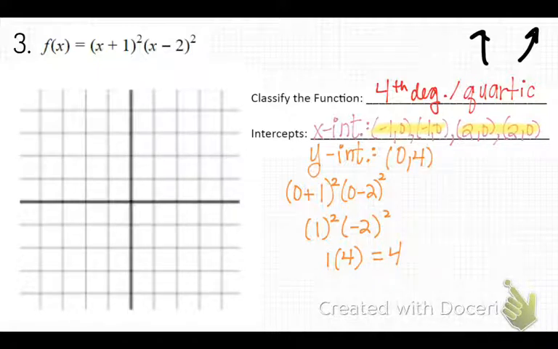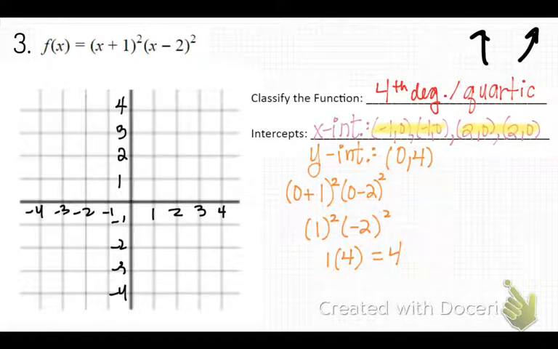Okay, so now I have all my points. Can I graph this? Yes, I can. Okay, my first one is at negative 1, 0. My second one is at positive 2, 0.